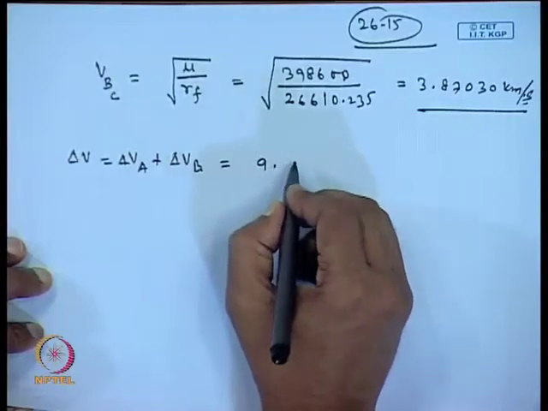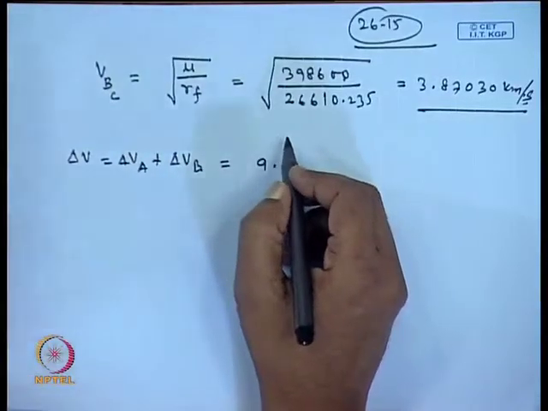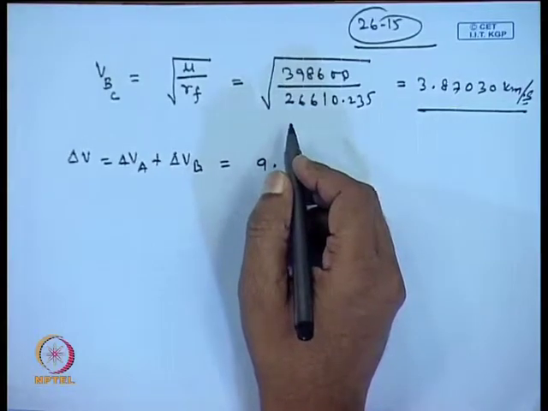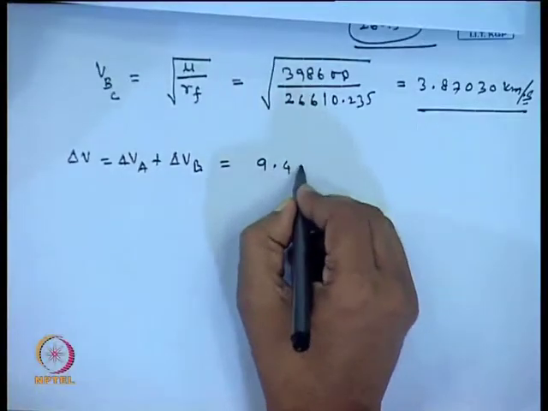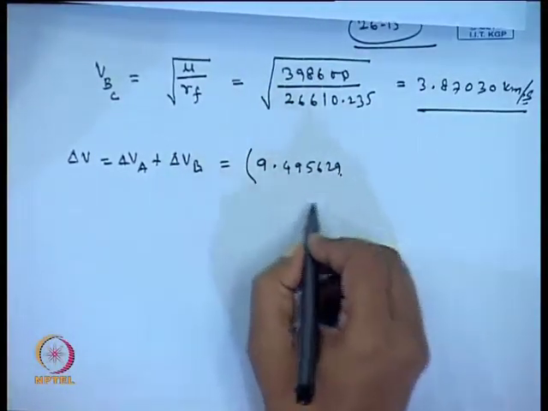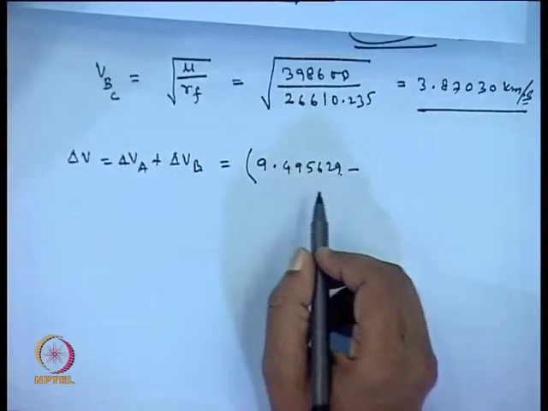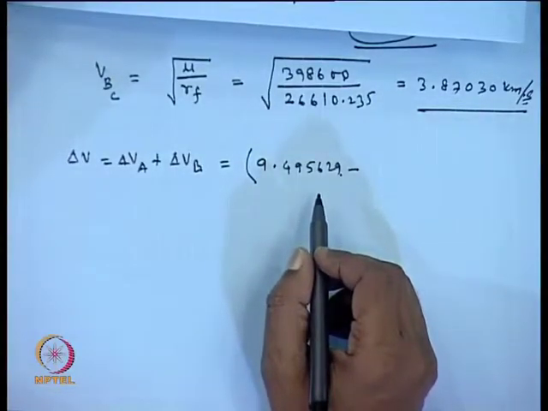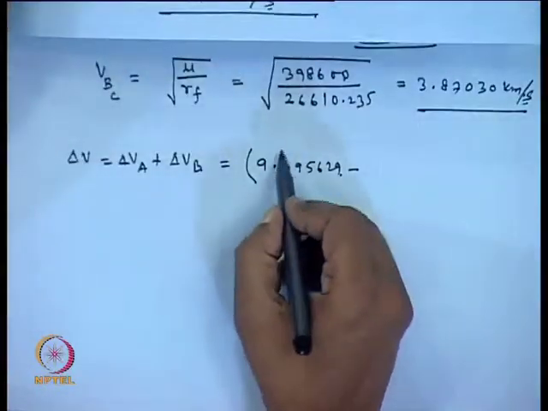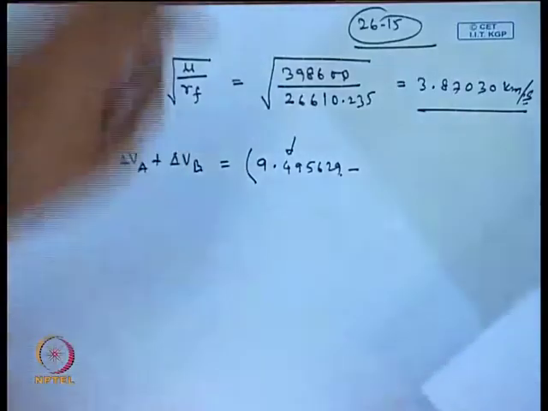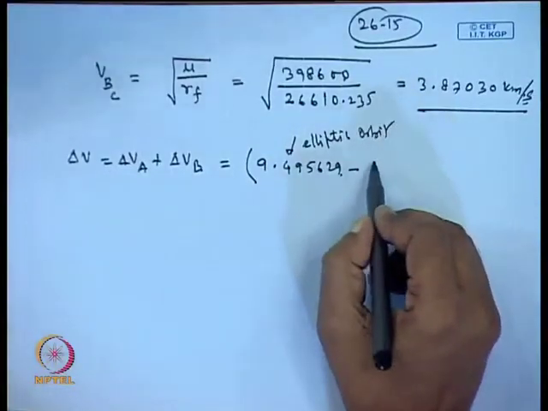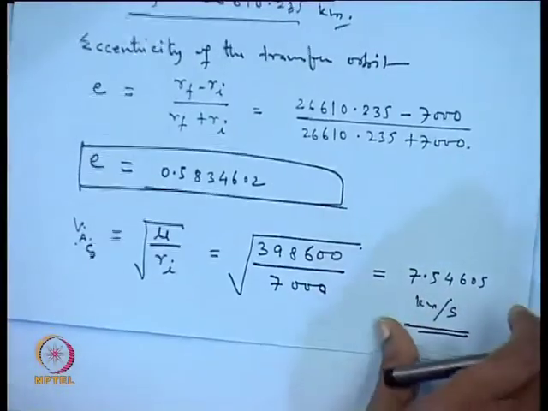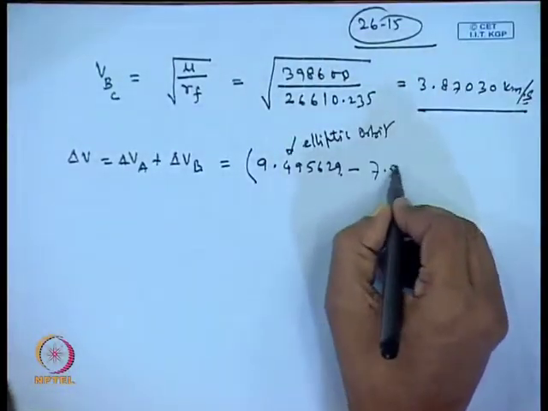So, in the elliptic orbit at point A, the value we have got is 9.495629, and we have to subtract the value in the circular orbit, which we have got as 7.54605. So, insert this value also here.